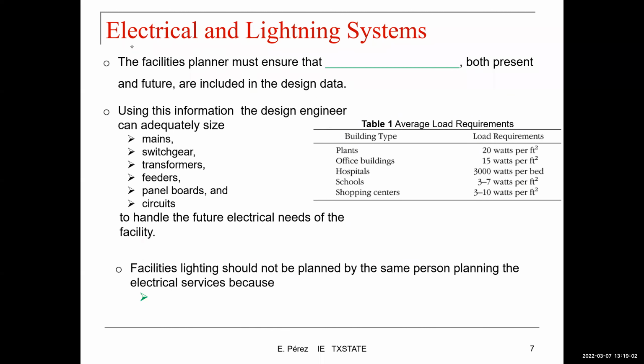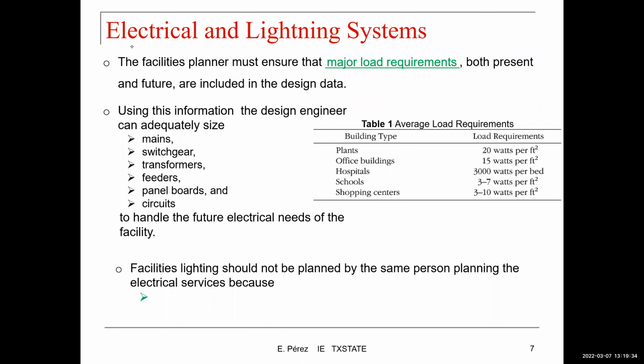The facilities planner must ensure that major load requirements, both present and future, are included in the design. So if you are going to start with a certain level of production, but you know that in the future there's some expansion that might happen, and you know that you're going to bring in some type of products that will require more power, or some machines that are going to be needed, or maybe you're duplicating your production, so you know you're going to need more capacity and more power to run those.